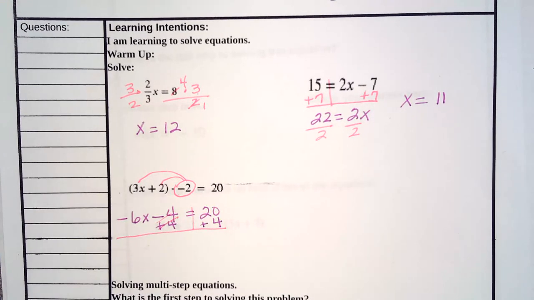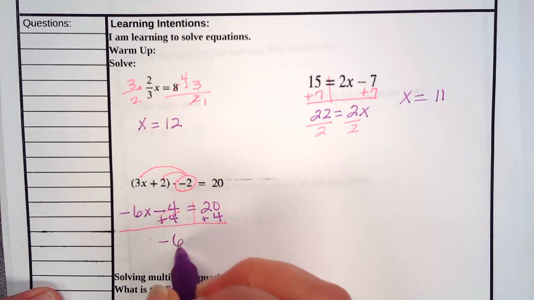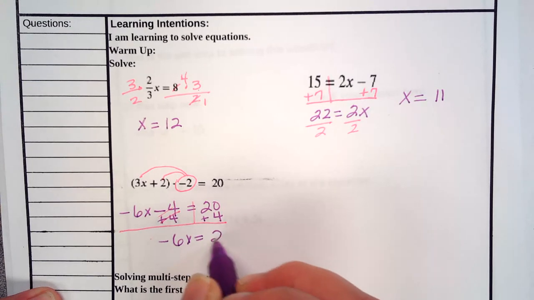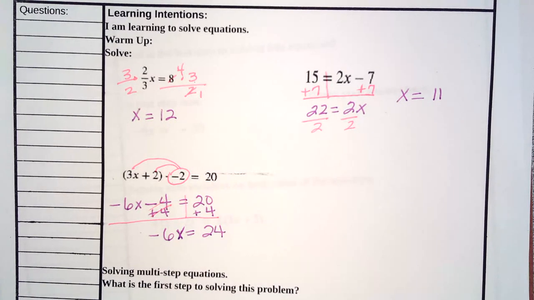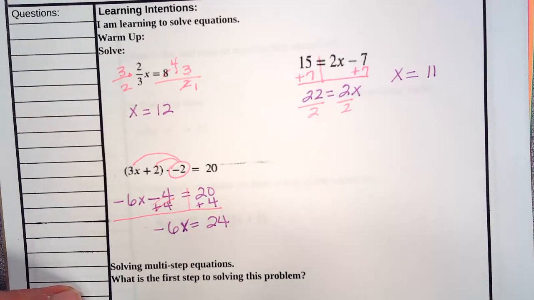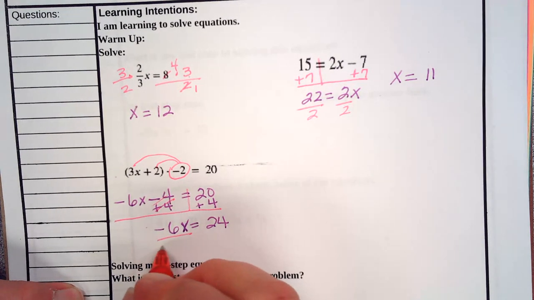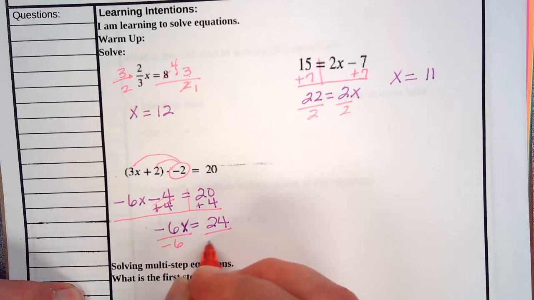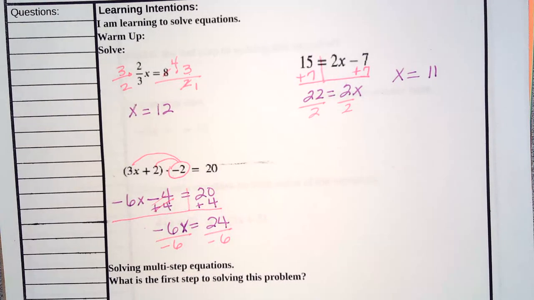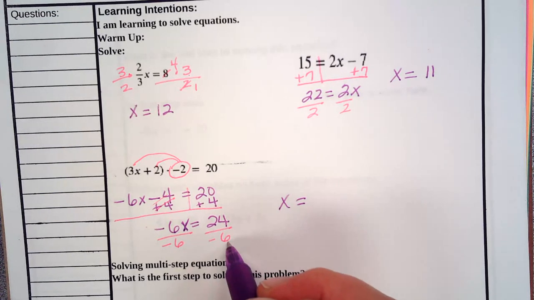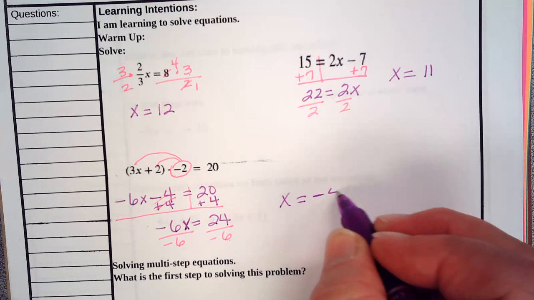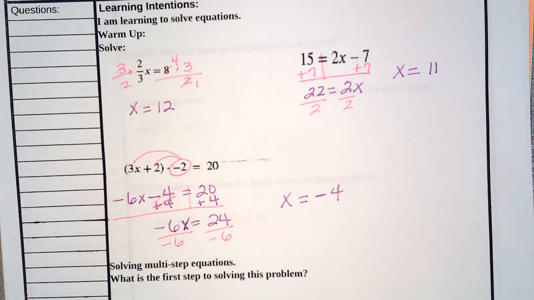I've got negative 6x is equal to 24. I multiplied by negative 6, so I need to divide by negative 6. So x is equal to 24 divided by negative 6, which would give me negative 4, and I'm done.